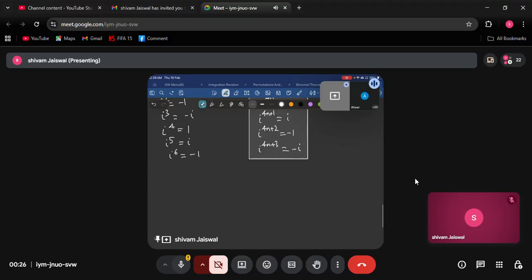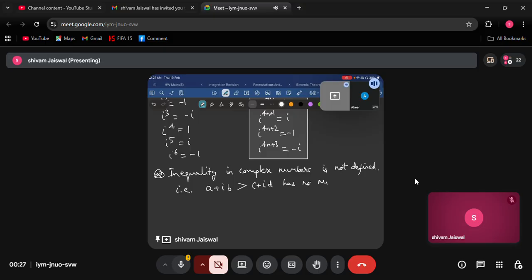Next, inequality in complex numbers is not defined. For example, a plus iota b is greater than c plus iota d has no meaning.